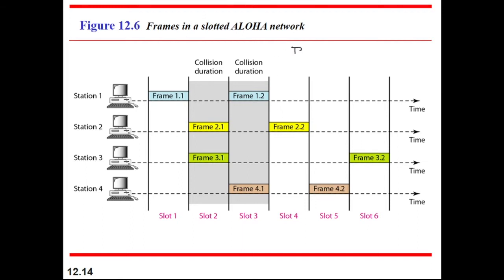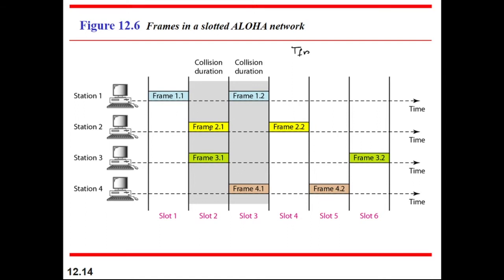So here you have to divide the time into slots of TFR, and the stations need to send the data only at the beginning of the time slot. You can see each and every time slot, this is time slot 1, and so on.